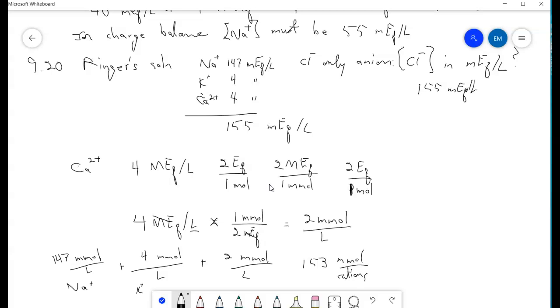Is really the point. So notice you have 153 millimoles of cations in this Ringer solution, but you have 155 milliequivalents per liter.